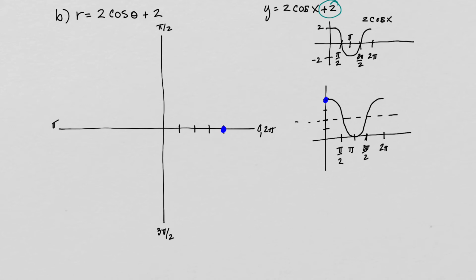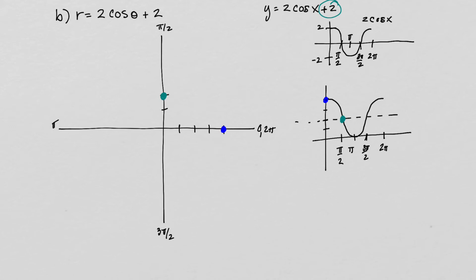And then this teal dot, to make the teal dot, we're going to go to the pi over 2 spoke. So here's my pi over 2 spoke. And we want to just go out 2. So the teal dot is going to go there.